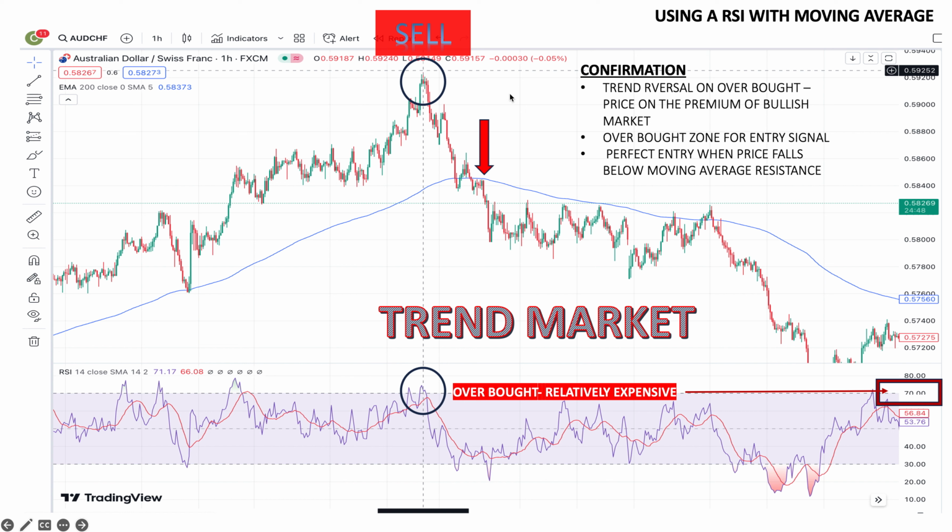No, you need a confirmation. When things get to an oversold area below 30%, you don't just buy. You need a confirmation. You need to know if it's accepted. I can tell you, hey, I want to buy your iPhone for $700. Doesn't mean you would actually sell the phone to me for $700.